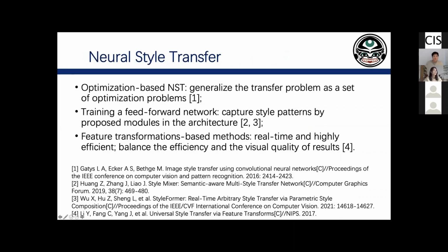The next is neural style transfer, which means we use neural networks to achieve style transfer. They usually have three classes. The first one is optimization-based neural style transfer.